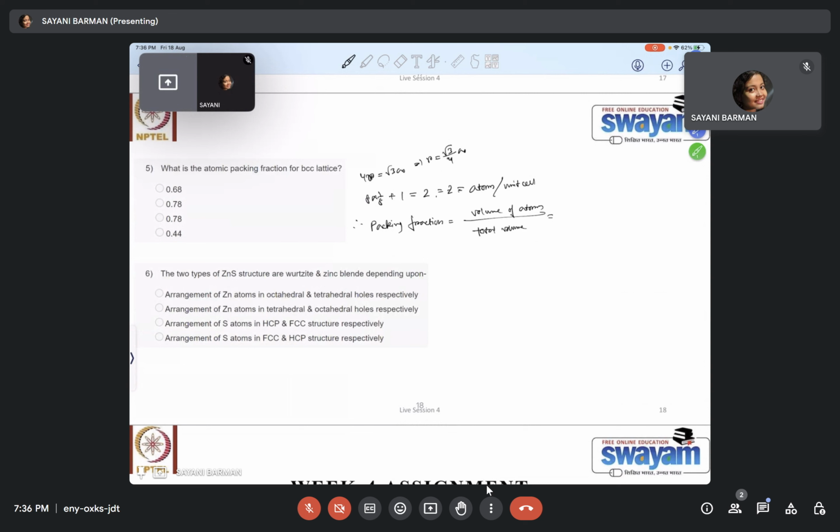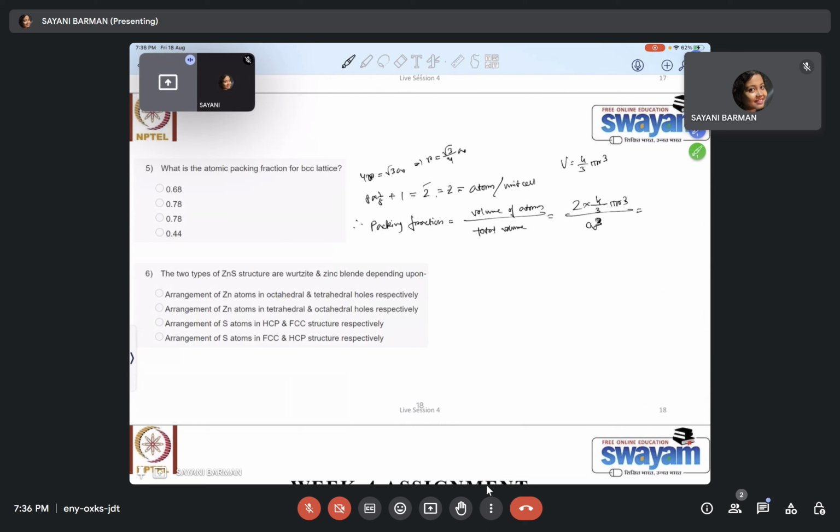For a sphere, the volume is 4 by 3 pi r cube. And how many atoms are there? 2. So 2 into 4 by 3 pi r cube, divided by the total volume, which is a0 cube for the cube lattice. And r equals root 3 by 4 a0.